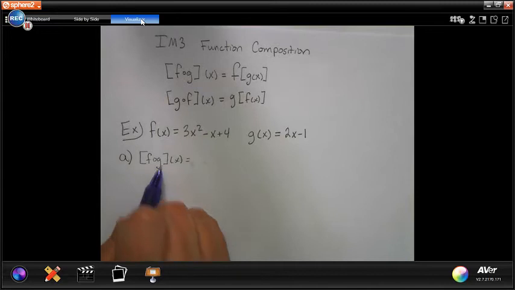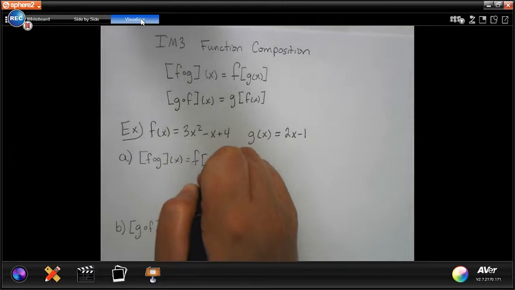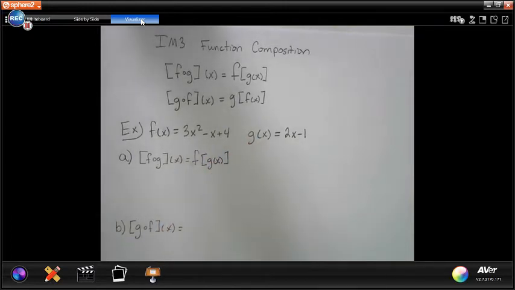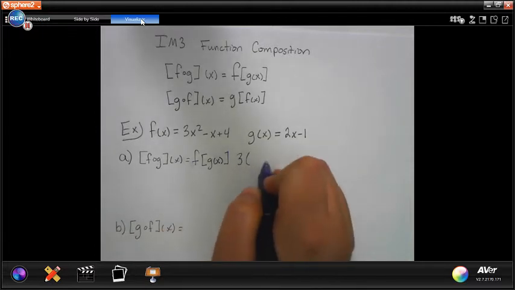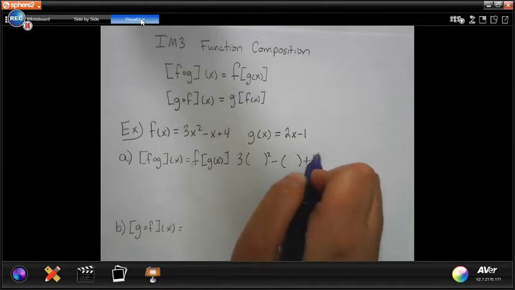Here we're doing f of g, which means f is on the outside, g is on the inside. So it's like f, and then g is the plug-in for f. So our f, 3x squared minus x plus 4.